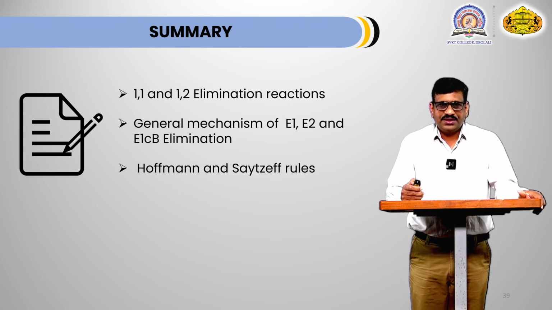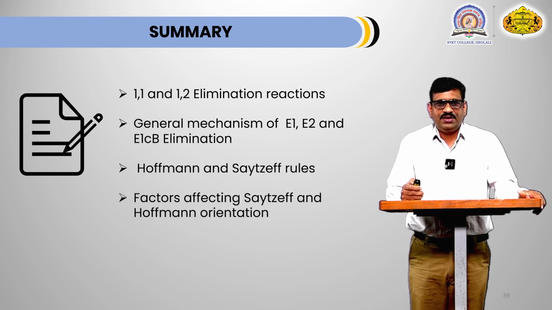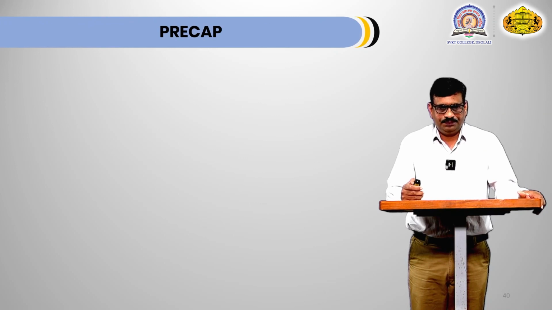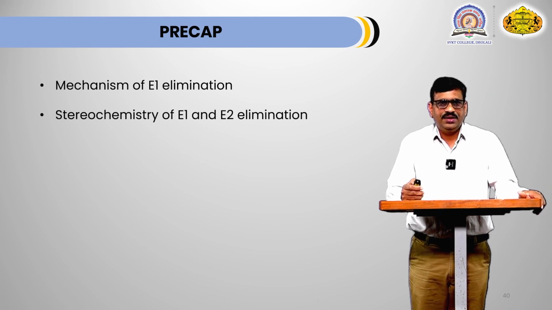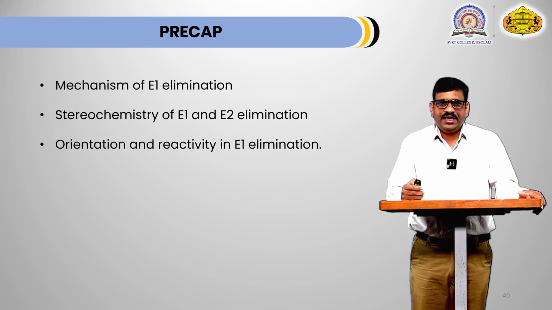Then we have discussed Hoffmann rule and Saytzeff rule, and we have discussed different factors that affect the Saytzeff and Hoffmann orientation. In next lecture, we are going to see mechanism of E1 elimination in detail, stereochemistry of E1 and E2 elimination, orientation and reactivity in E1 elimination.